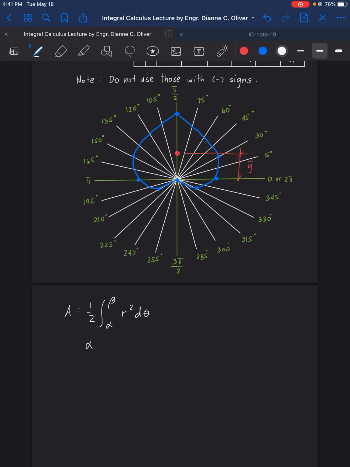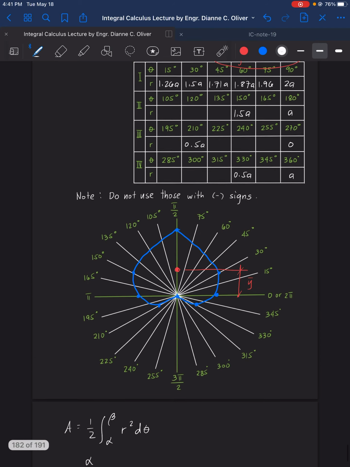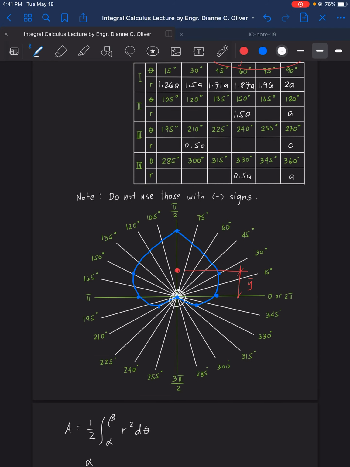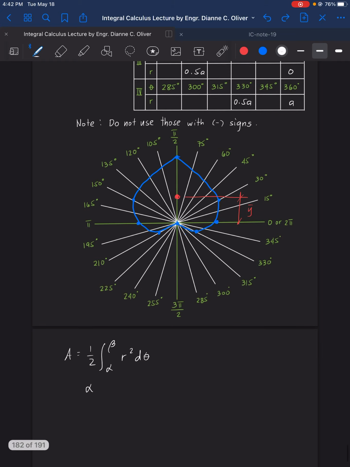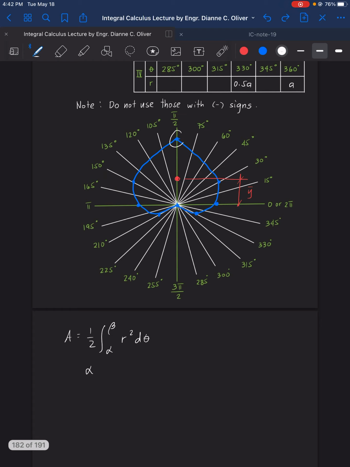Let's start at the point where it became 0, which is 270, or we can start at 90. Wherever you want to start for the limit, the answer will still be the same.